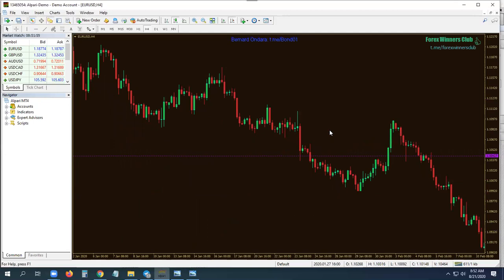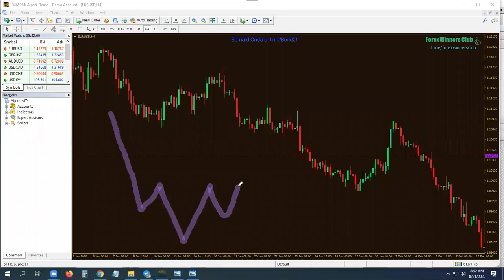Now the opposite is also true. You can have an inverse head and shoulders. The market's coming down, comes up to a level, goes further down, comes back to the same level, goes slightly down, back to the same level, and then breaks. So you have shoulder 1, you have your head here, you have another shoulder here, you have your neckline here.